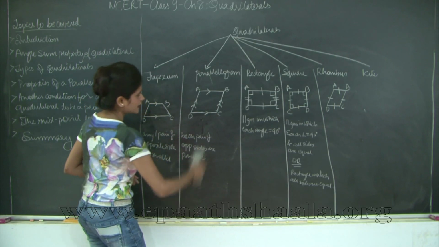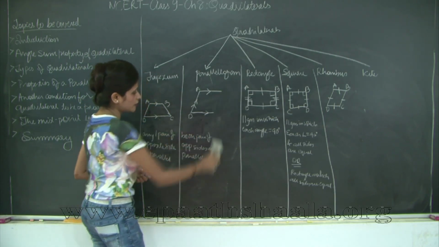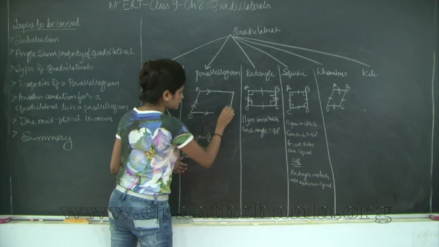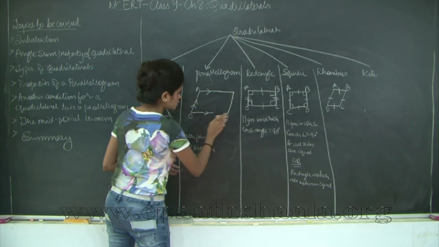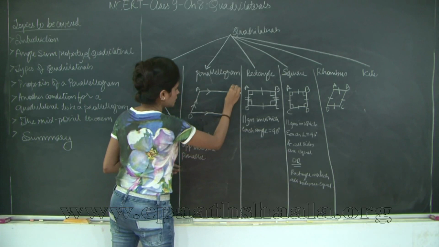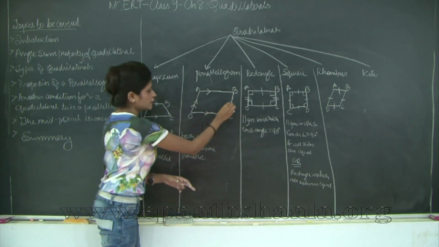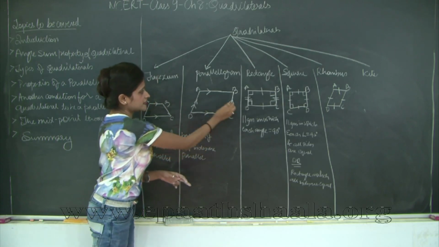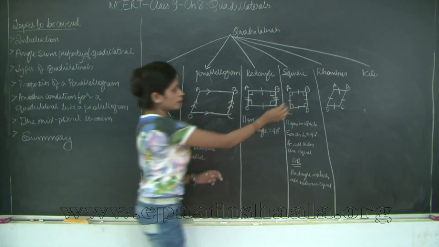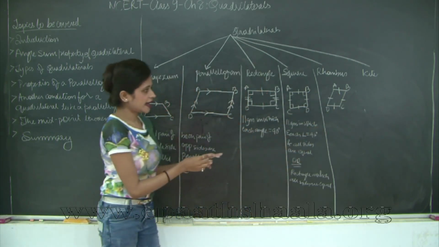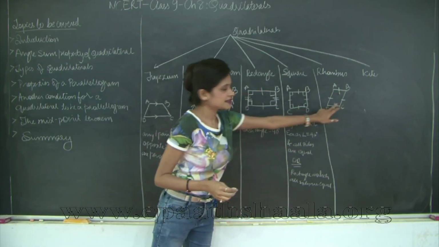Now you must be wondering that this is also looking like a rhombus, but let's redraw this a little more in a better way. So I have A, B, C, D. Now we have a parallelogram here. Opposite sides are parallel. So in a rhombus, opposite sides are parallel, as well as each side is equal.